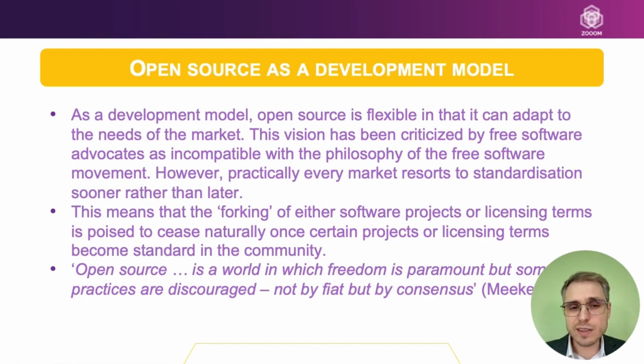And essentially this means that the forking of either software projects or licensing terms is always poised to cease naturally once certain projects or licensing terms become standard in the community. Or, to use the words of Heather Meeker, open source is a world in which freedom is paramount, but some practices are discouraged, not by fiat, but by consensus.